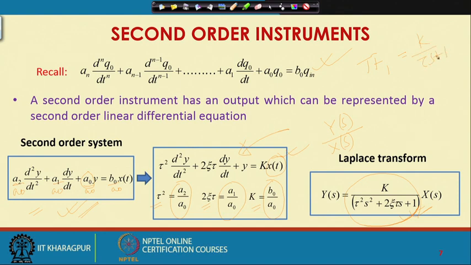So, there are two terms involved, k and tau. In case of a second order instrument, the transfer function can be written as k by tau square s square plus 2 zeta tau s plus 1.